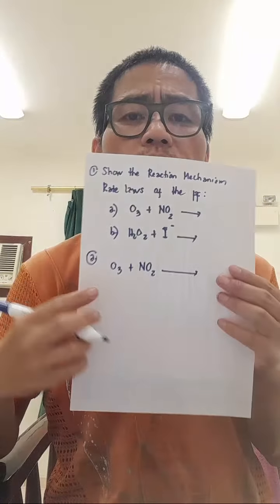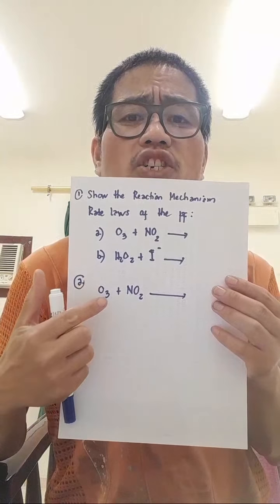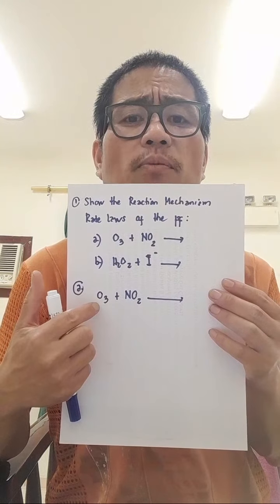So we have O3 and NO2. What is our product here? If we review our chemistry regarding reactions, what's our product here?